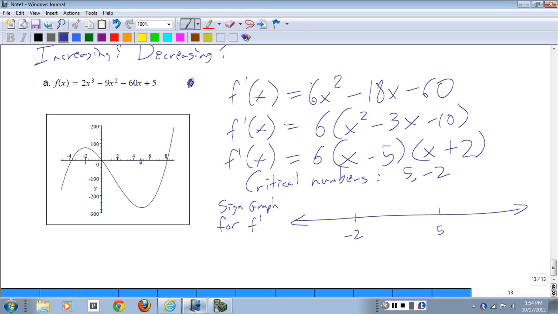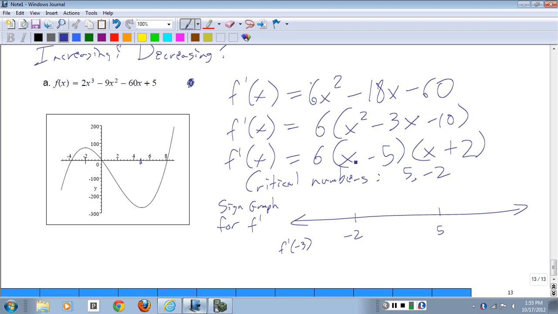Now, let's evaluate f prime at a number in each of these intervals. So what is f prime of -3? If we're lazy, and don't feel like going to the trouble of evaluating it, I can just figure out what the sign of it is. That's enough. Just the sign is all I need. So if I can tell if this is positive or negative, that's good enough.